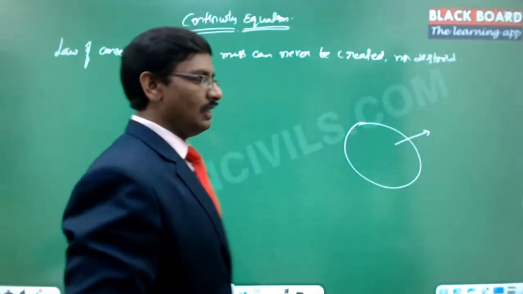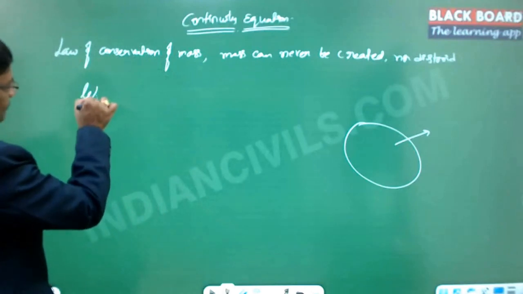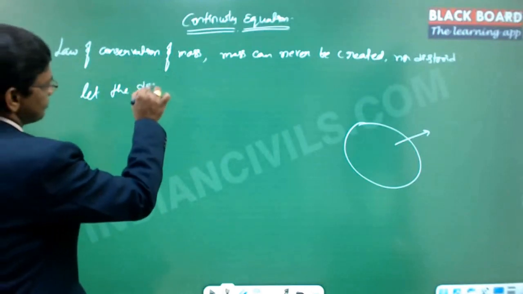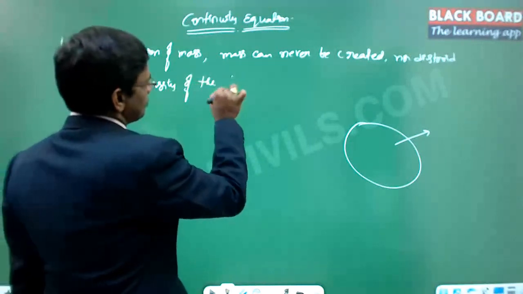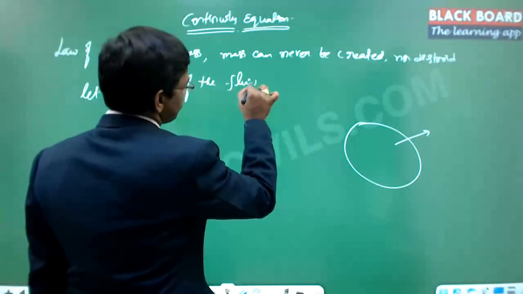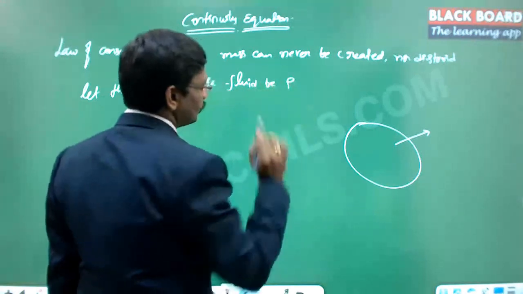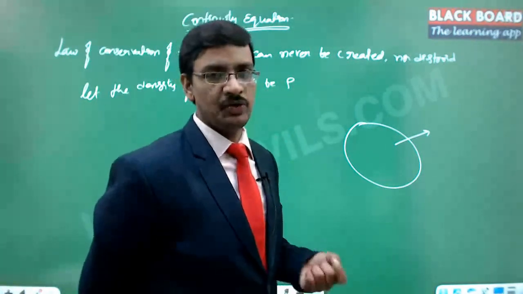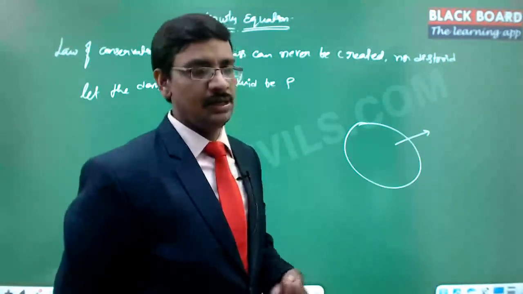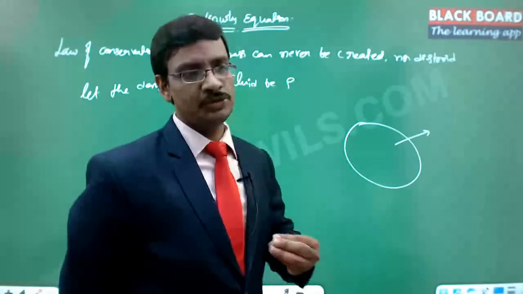Now let the density of the fluid be rho. Usually we are used to taking the rho value as constant, but that is specific to the homogeneous fluid.